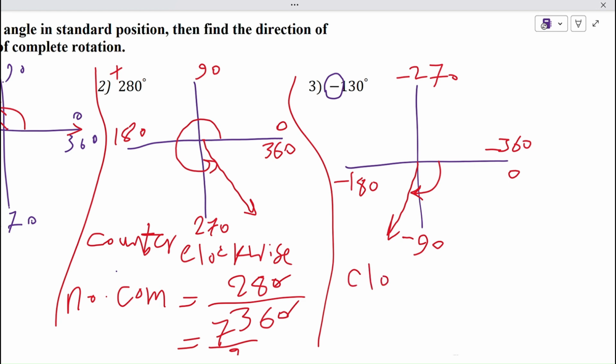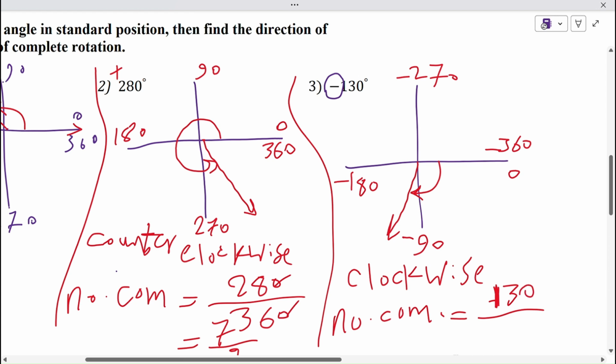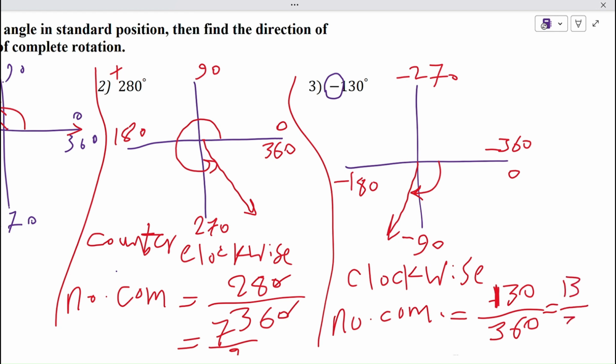Okay, and what about the number of complete rotations? It is equal to theta over 360. Our theta is 130, so this is 130 over 360, which is equal to 13 over 36.